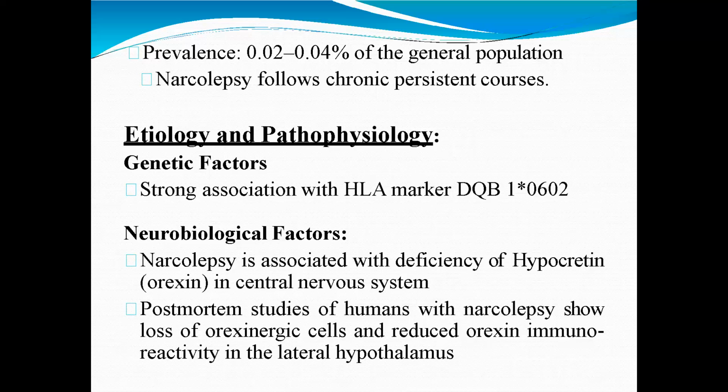You can see the deficiency of hypocretin, that is orexin, which we have seen in the pathophysiology of sleep disorders overall. Postmortem studies show loss of orexin cells and reduced orexin immunoreactivity in the lateral hypothalamus. So that's what we know: there is a wake switch and sleep promoters, and both have problems with the maintenance of sleep.